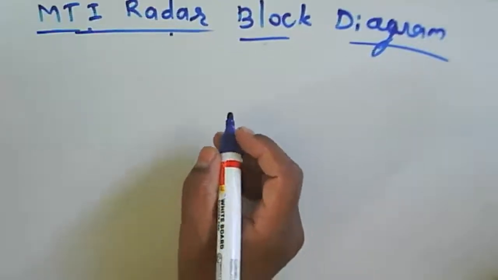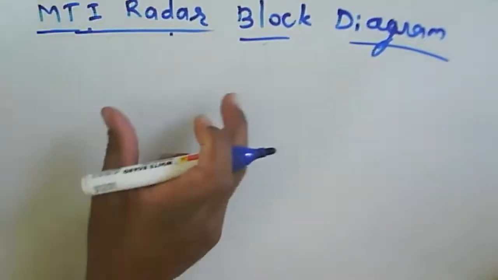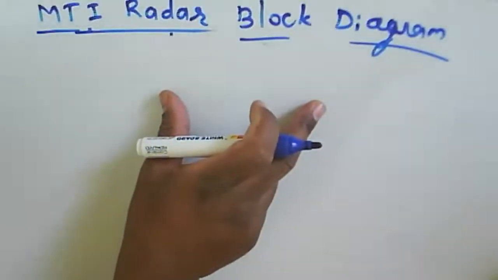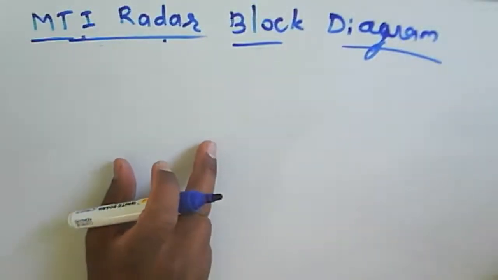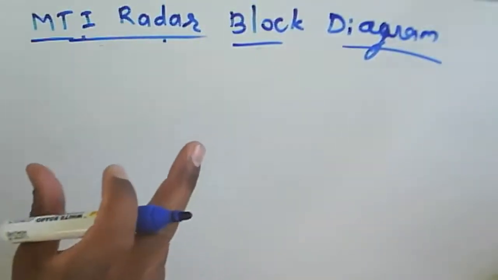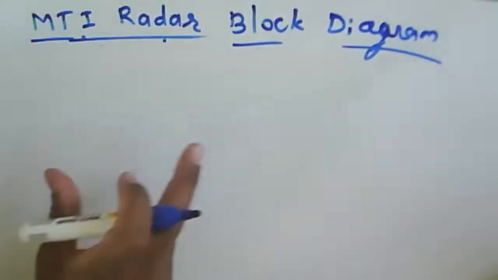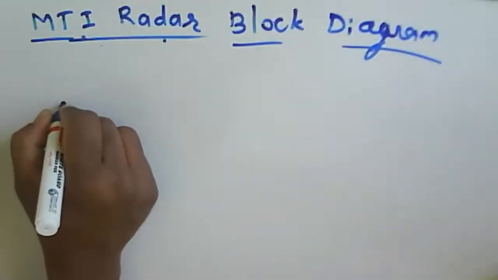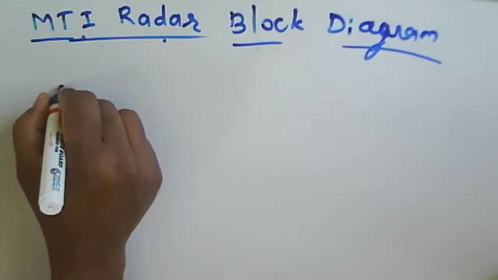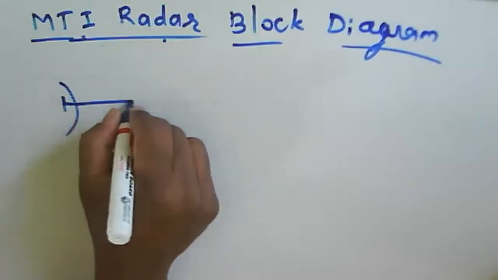But in the case of the MTI radar, we are using a superheterodyne structure. So the receiver will be a superheterodyne receiver.